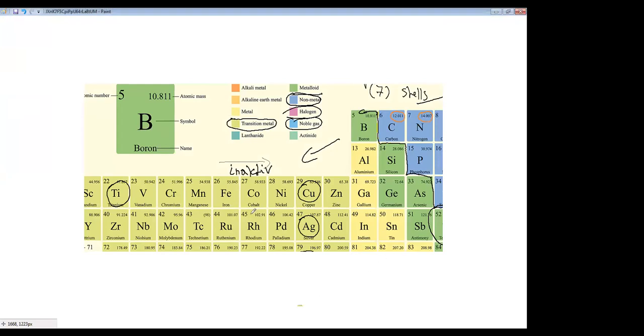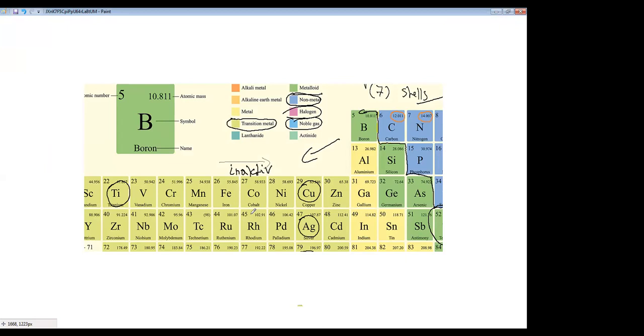Okay, so let's talk a little bit about the elements in the first column. The elements in the first column are all metals except hydrogen, because hydrogen generally reacts as a non-metal. From lithium to sodium, potassium, rubidium, etc.